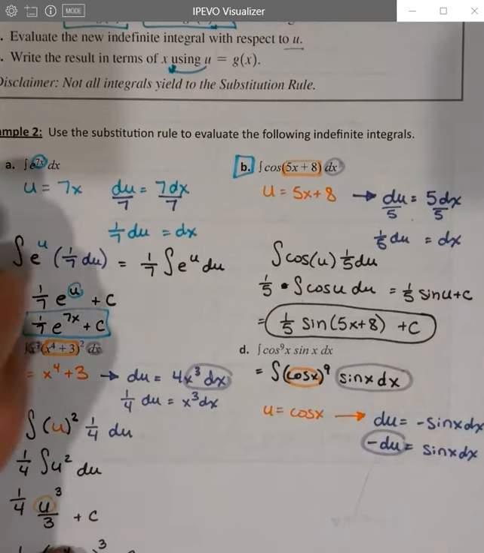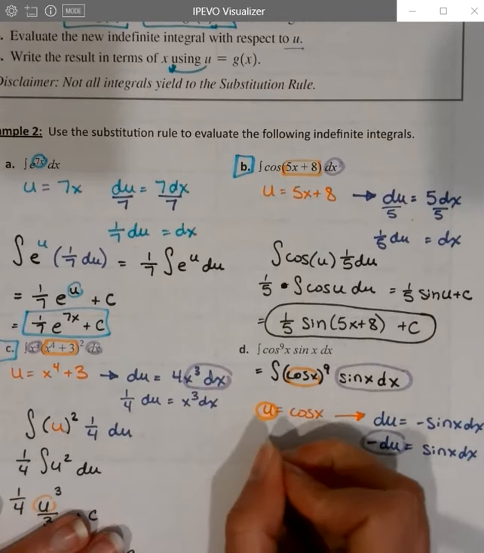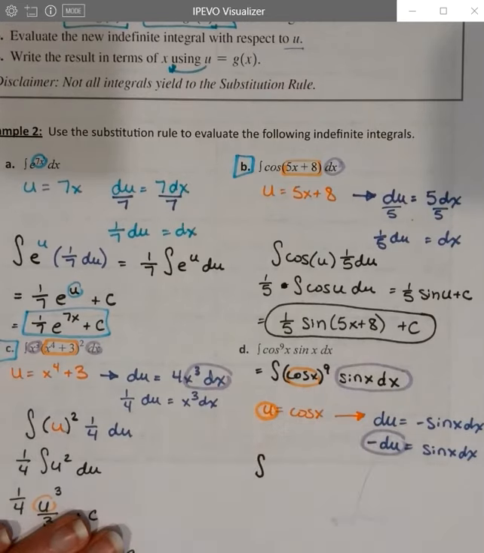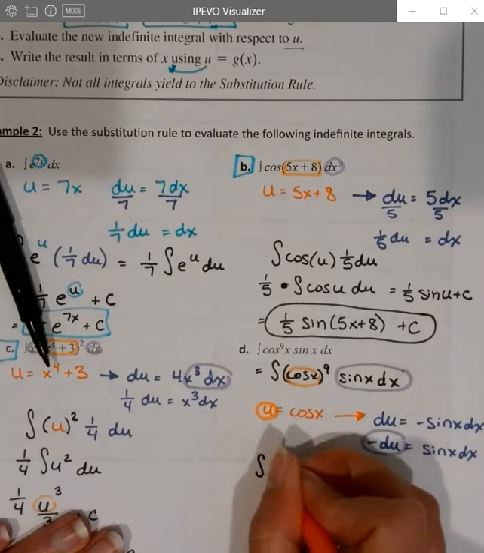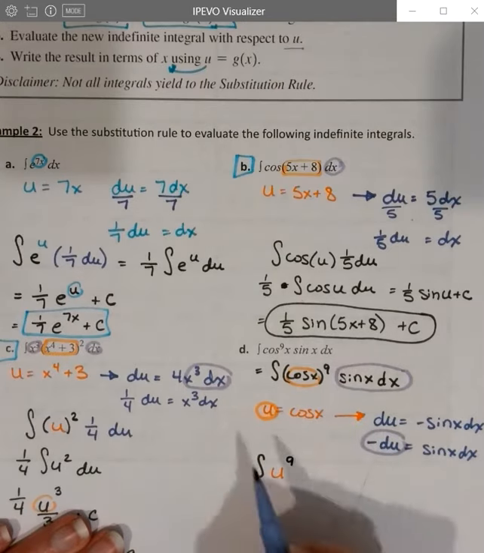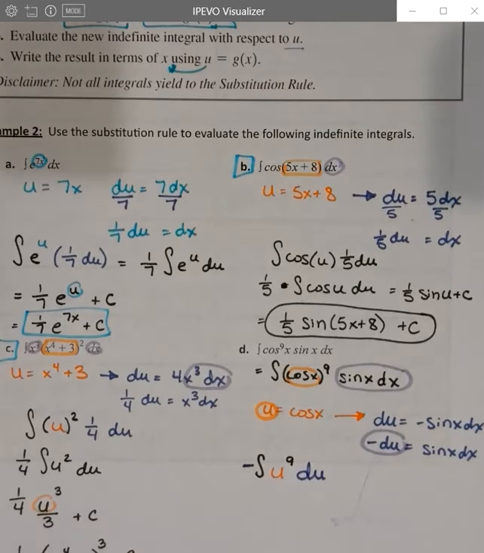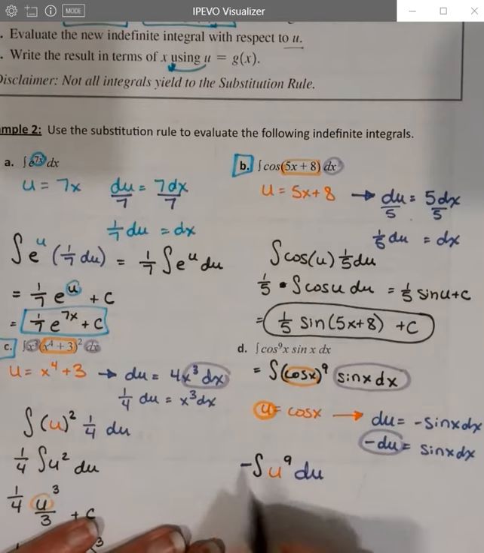And I also replace the cosine of x with u, and we go into our substitution step. So we have the integral. It is u to the 9th times negative du. So I'm going to put my negative out front and my du out here. And we're ready to integrate. That negative is a constant multiple.